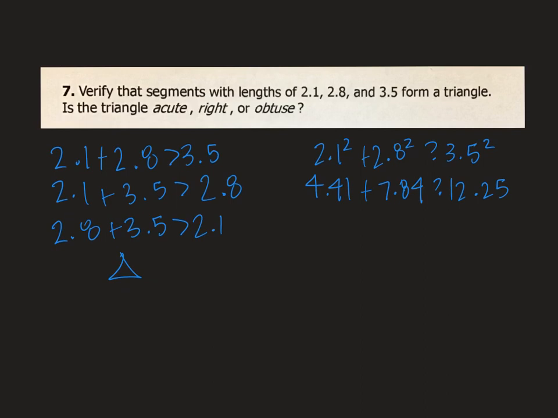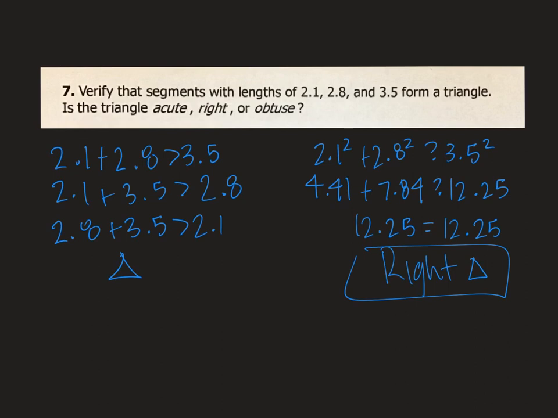So 4.41 plus 7.84 is 12.25, which is equal to our C squared, 12.25, which means that these three sides form a right triangle.